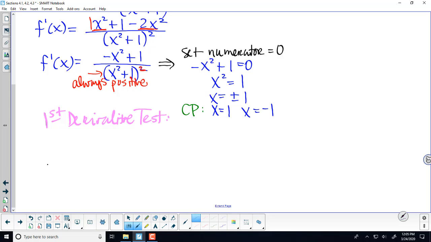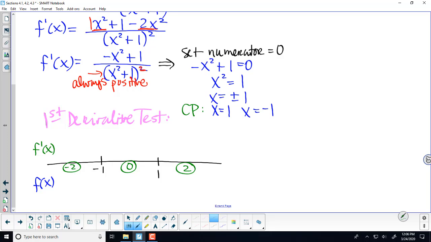Okay, so number line, I've got negative 1, I've got positive 1. I am going to substitute into the first derivative and find out what's happening on the graph of my function. Okay, so let's choose a test point. So I'm going to test -2 and 0 and +2. Okay, so we're testing those in the first derivative, which means up here.